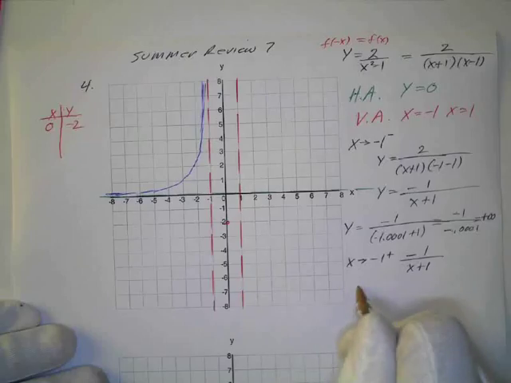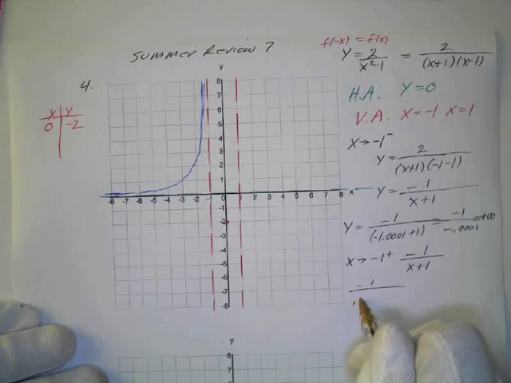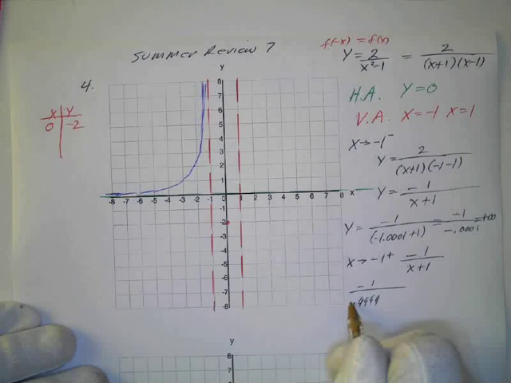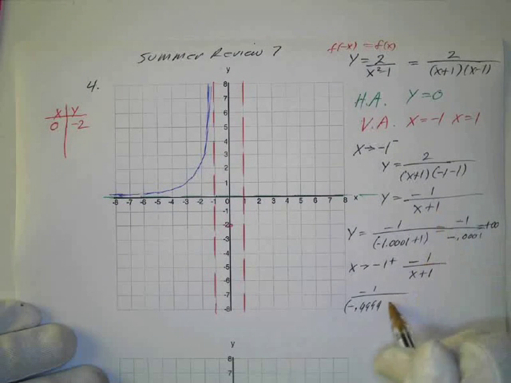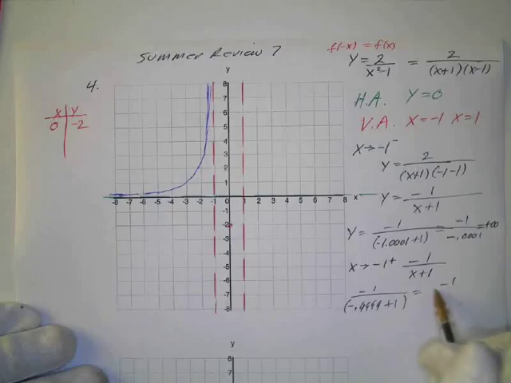And if I'm to the right of negative 1, I might be at negative 0.9999. That's just to the right of negative 1. And then over here we're plus 1.